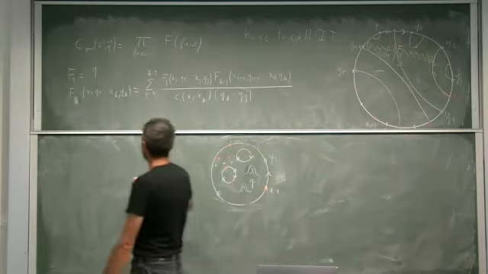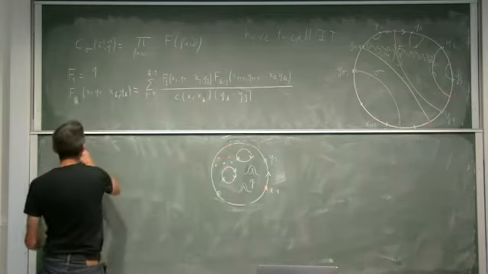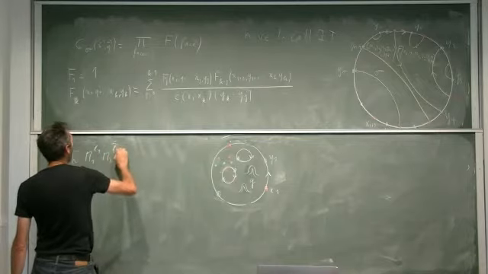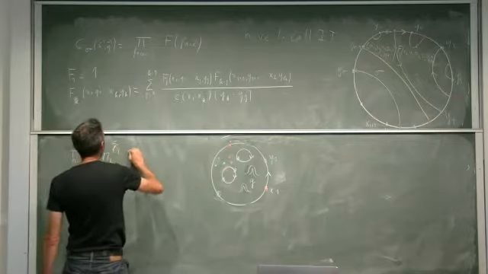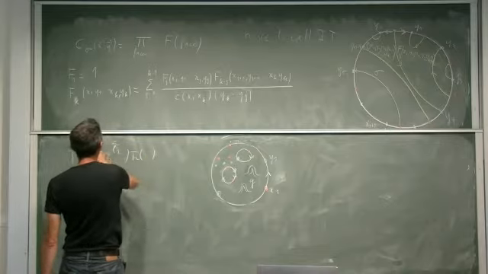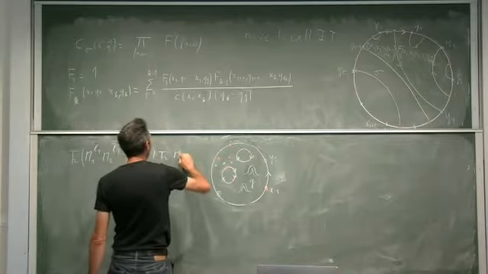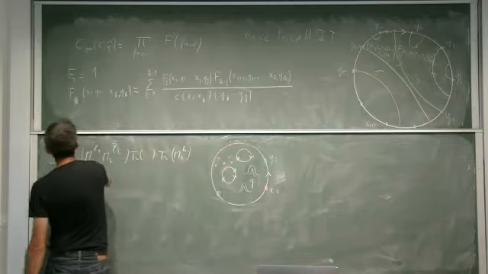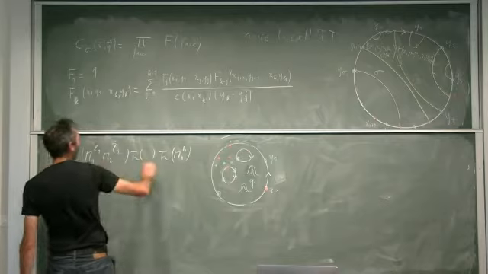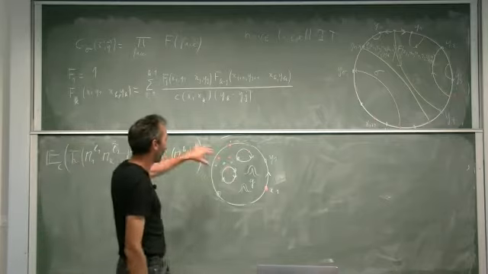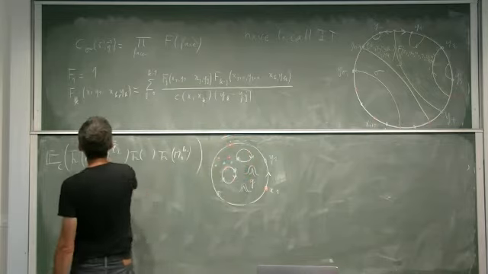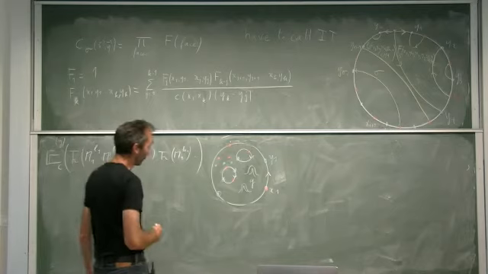In the language of random matrices, this is equivalent to computing something like the trace of M1 to the L1, M2 to the L tilde 2, and so on, times a product of traces, and times possibly M1 to the K1 without M2, and so on, and the expectation value of this cumulant. Okay, the cumulant guarantees that we have connected maps only, and we want to expand that to order G in the large N expansion.